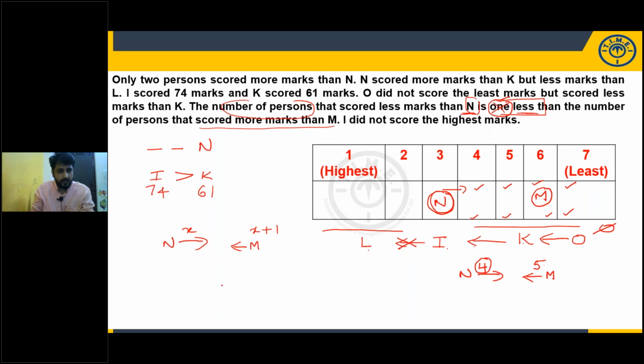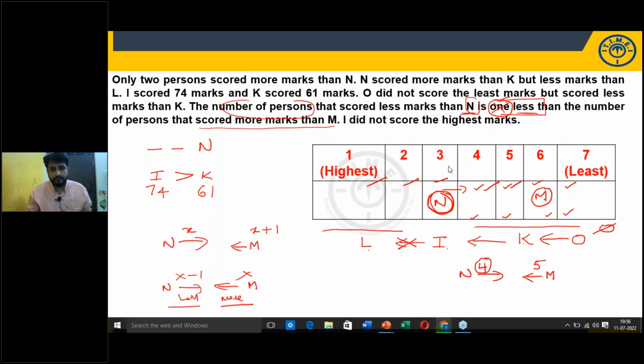Or if before M is X, after N will be X minus 1, because we are taking descending order. So these are less marks and these are more marks. As N is here, after N is 4, so before M has to be 5, because this is 1 less than that number. So 1, 2, 3, 4, 5.